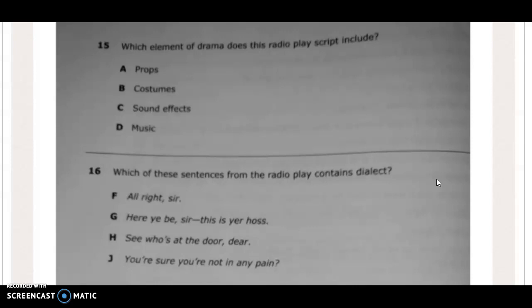They may use different words to mean something else. So that's what dialect is. So it says again, which of these sentences from the radio play is an example or contains dialect? F, all right, sir. G, here ye be, sir, this is your house. H, see who's at the door, dear. Or J, you're sure you're not in any pain.